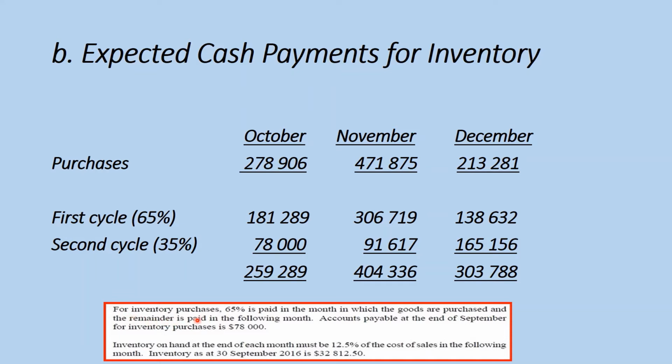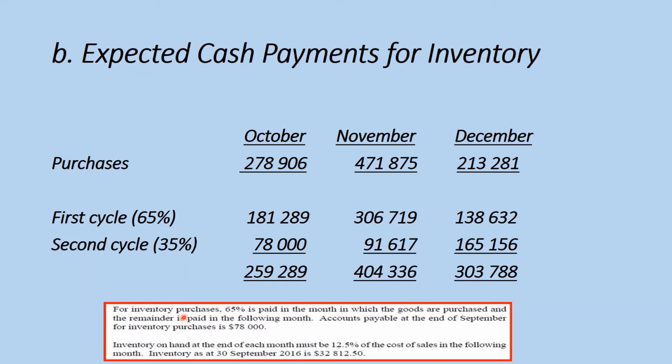For inventory purchases, 65% is paid in the month in which the goods are purchased, and the remainder is paid in the following month. Accounts payable at the end of September for inventory purchases is 78,000.